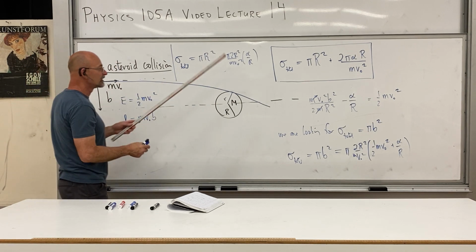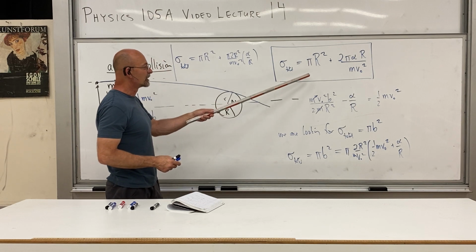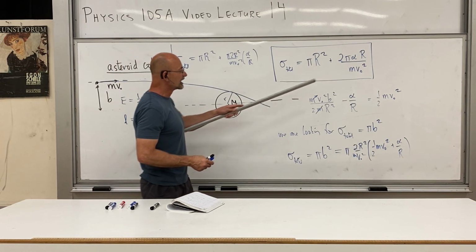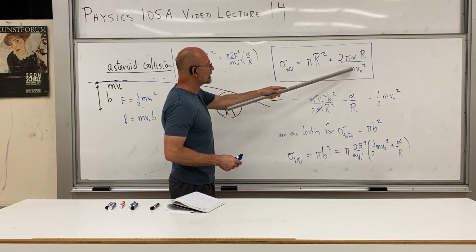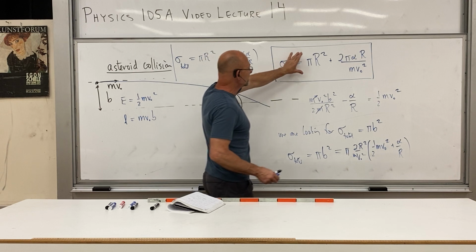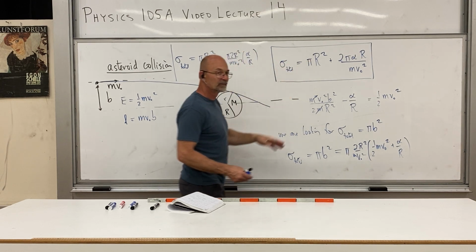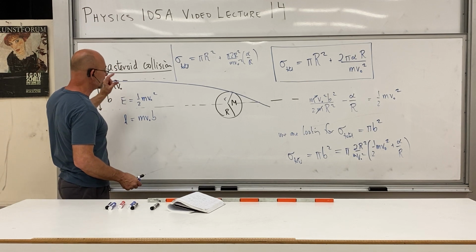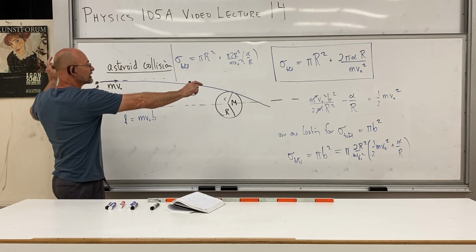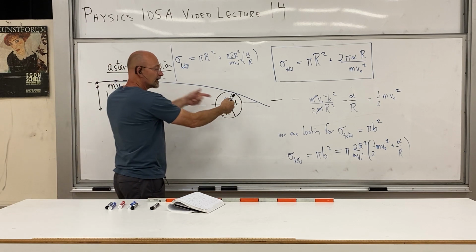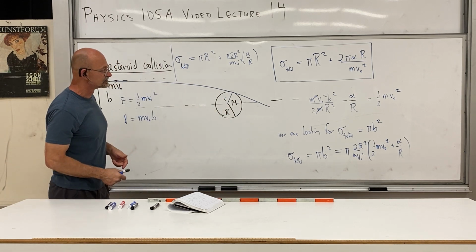So the cross section in that case would just be pi R squared, the physical cross section of the target. But as v naught gets smaller and smaller, this cross-sectional area will exceed the actual pi R squared by any amount. That makes sense as well, because if v naught were 0 and we're out there at some great distance, then eventually these two things are going to find themselves in a head-on collision.